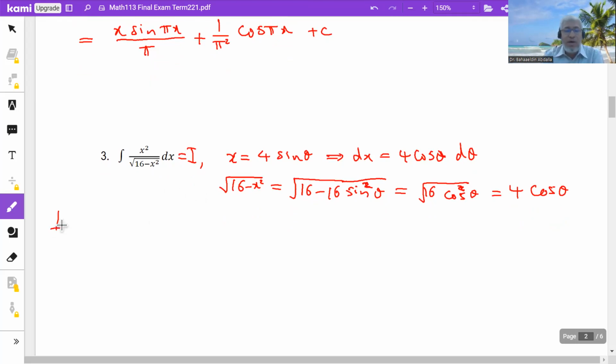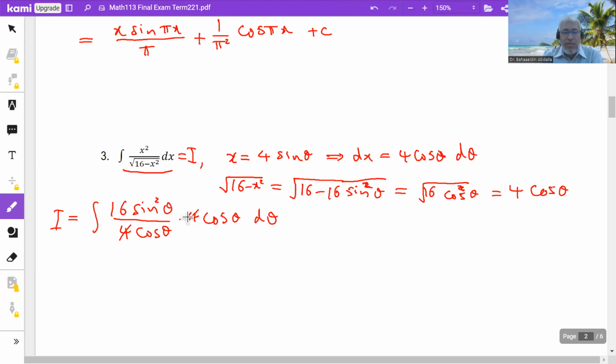So the integral I would be, what is x squared? x is 4 sine theta, so x squared is 16 sine squared theta. The square root is equal to 4 cosine theta, and dx, as I found here, is 4 cosine theta d theta.